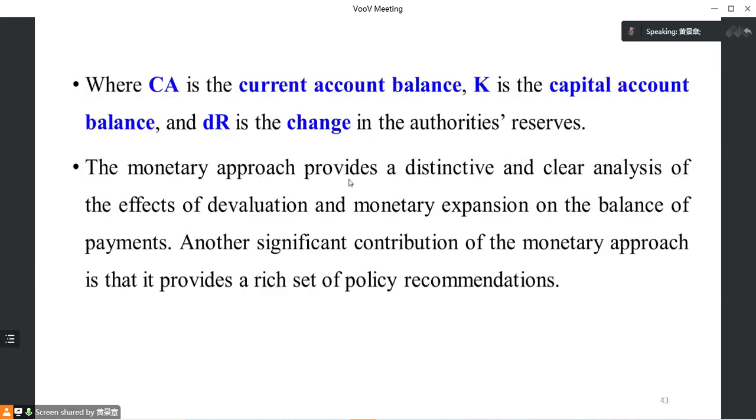The monetary approach provides a distinctive and clear analysis of the effects of devaluation and monetary expansions on the balance of payments. Another significant contribution of the monetary approach is that it provides a rich set of policy recommendations.